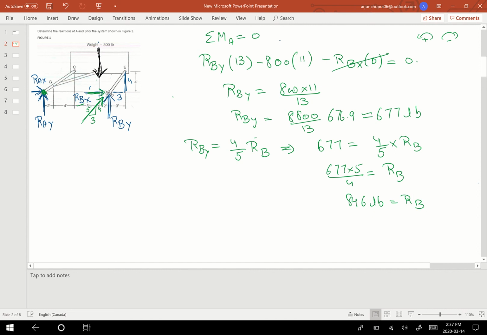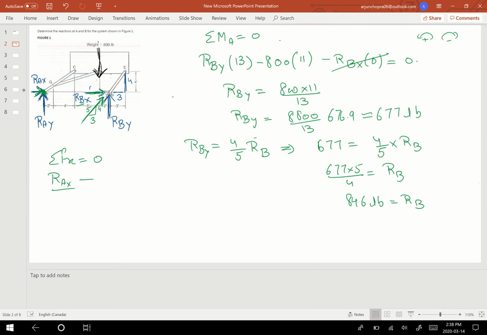Now I have the RB value, and now I wanted to find the RAX and RAY values. So I can write down the equation sigma Fx equal to 0. So for sigma Fx, I'm going to write RAX. This is in the positive direction, so I'll keep this value as positive because this is acting towards the right hand side.